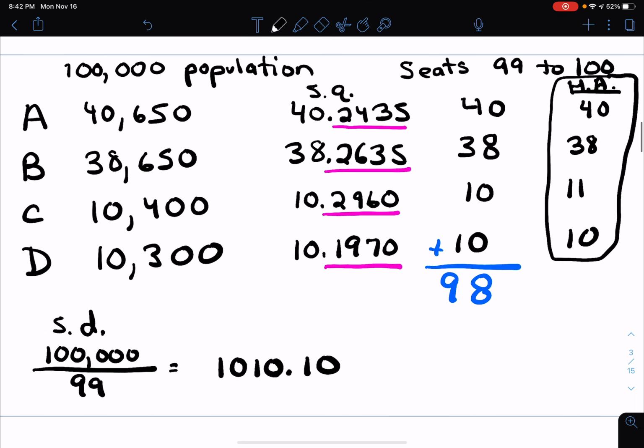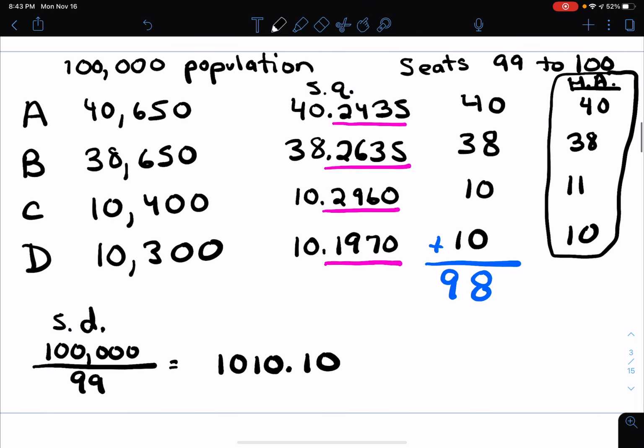So let's write out the populations again. State, let me give myself a little more space this time. Let's write state A, state B, state C, state D. Yep, so then we're using the same populations and all that.